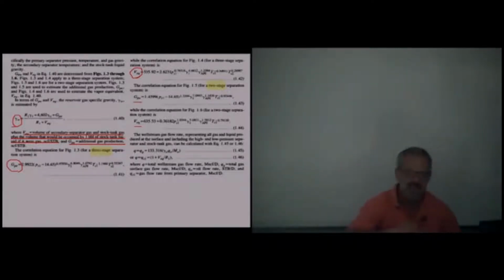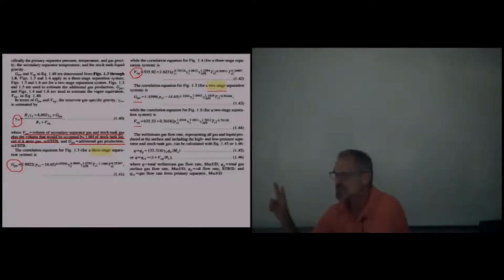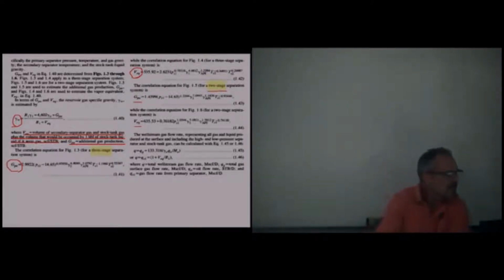But the common case I see is for 2-stage separation, which is depicted on the previous slide, of 1 separator and 1 stock tank. 2 stages. And I like their nomenclature here because in these equations up here, you have to know the temperature and pressure.